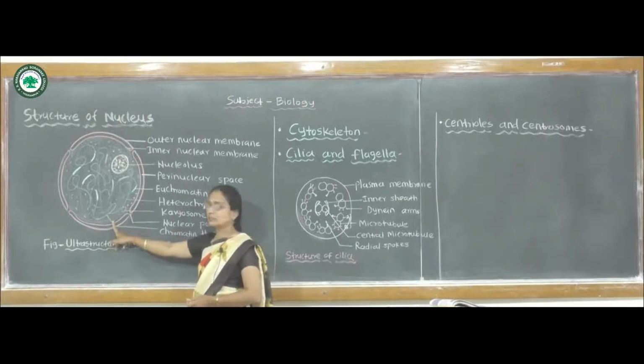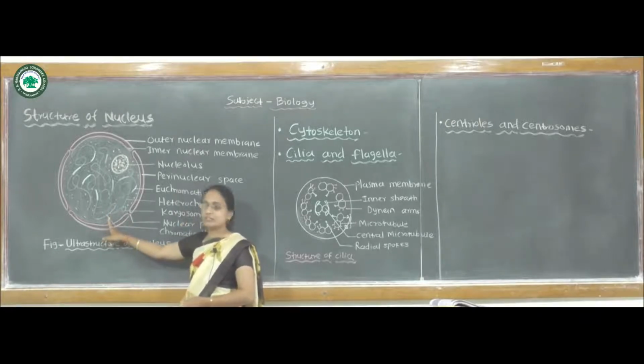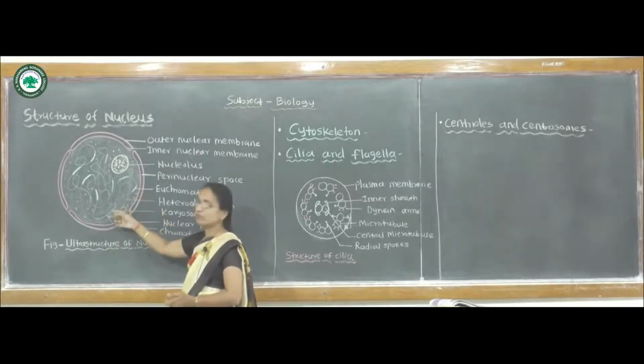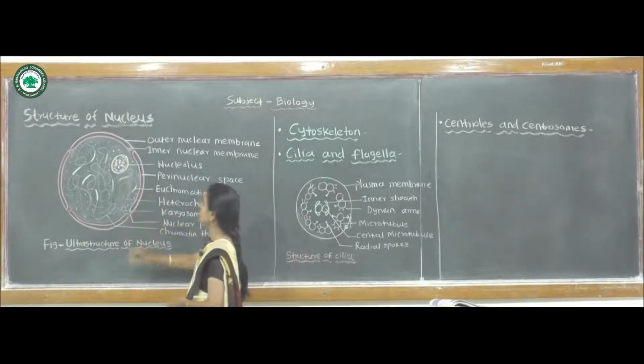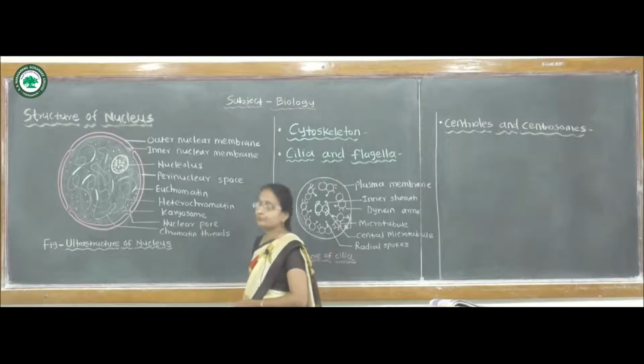The nucleoplasm contains the genetic material, which is present in the form of a chromatin network. Along with that, it shows the presence of the nucleolus and the karyosome. Okay.